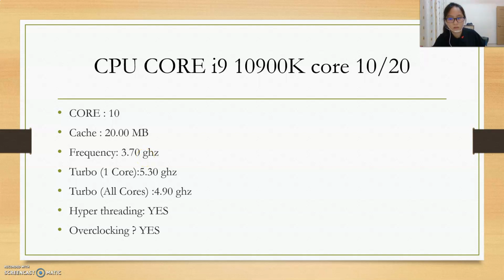However, using the Intel Turbo Boost Max 3.0 technology, the chip can boost up to 5.3 gigahertz on a single core, and what's even better is the 4.9 gigahertz with the all core boost. And it also includes hyper-threading and overclocking.